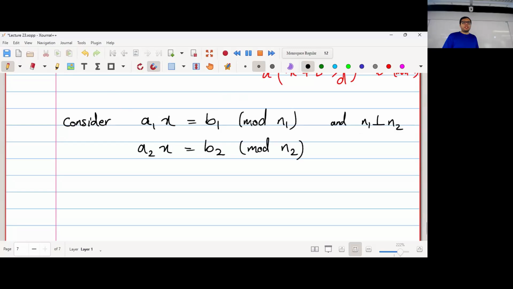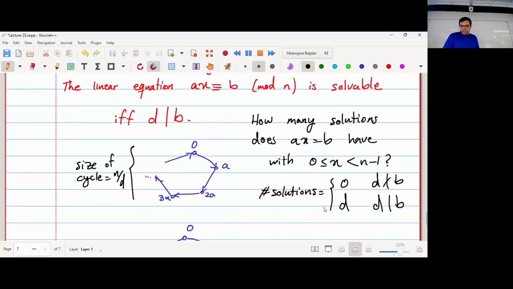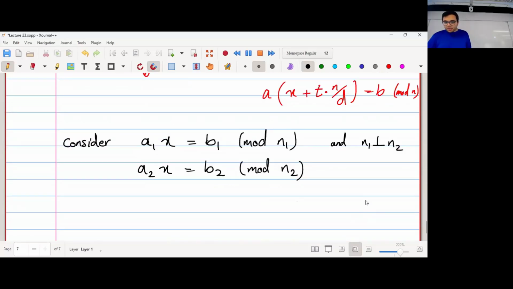I want to make sure that each equation has exactly one solution, which would be the case if this D is 1, right? So I'm going to say, suppose that A1 is relatively prime to N1, and A2 is relatively prime to N2. So that I know that if I only had this first equation, I would have exactly one solution. And if I only had the second equation, I would also have exactly one solution. Right? But now I have both of them together. So I want to find one value for X that satisfies both of these equations.